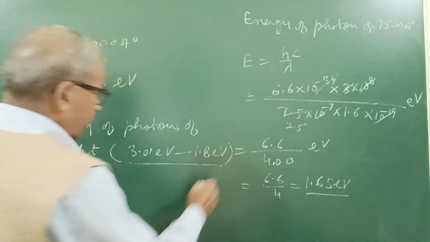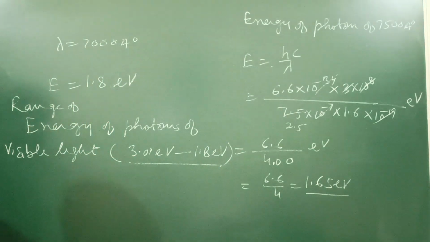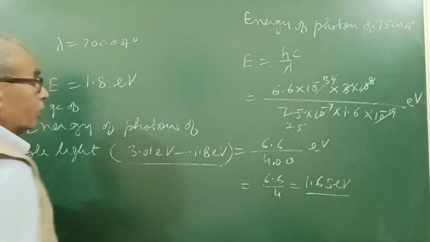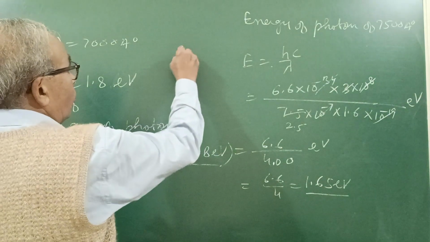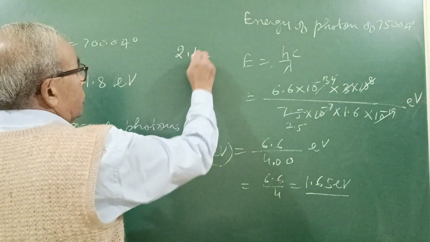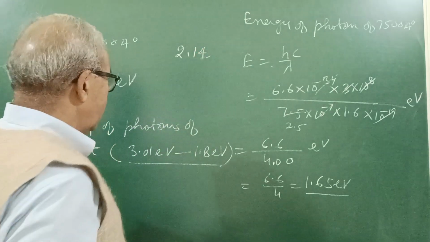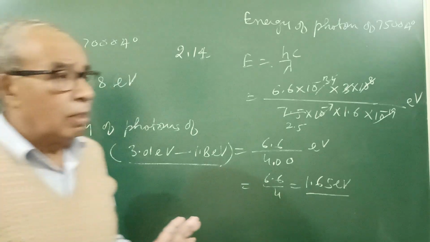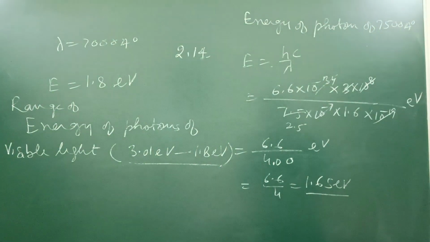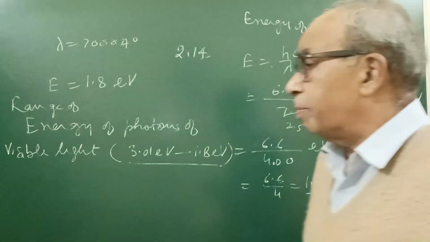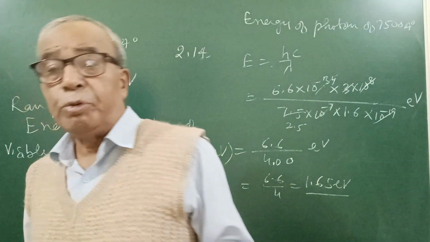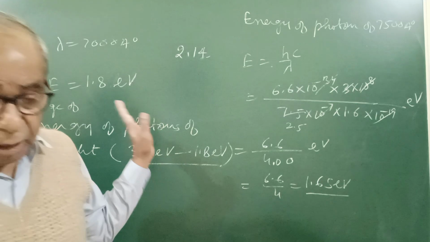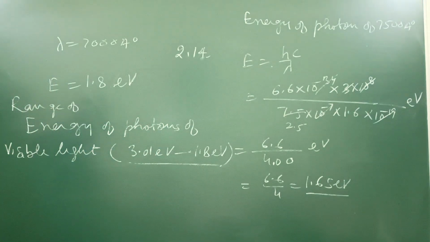Now if you know that the work function of cesium is 2.14 electron volt, then you can directly say that photo emission will take place. If you are asked to do the calculation, then you are sure that photo emission will take place. If you make a mistake, you can find your mistake yourself.